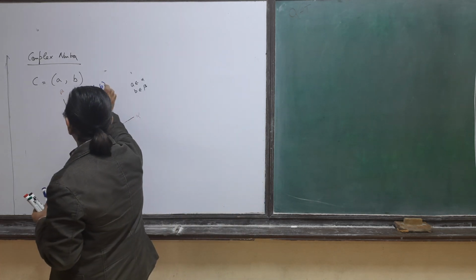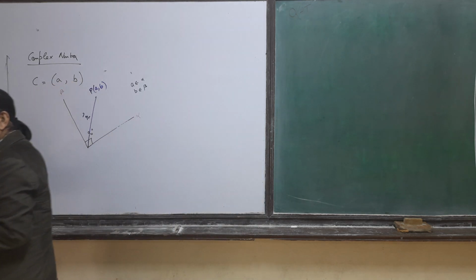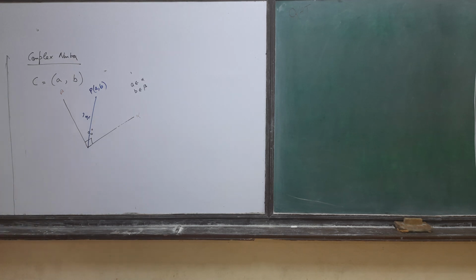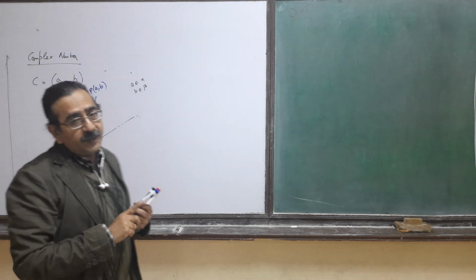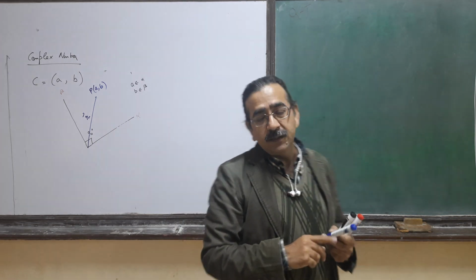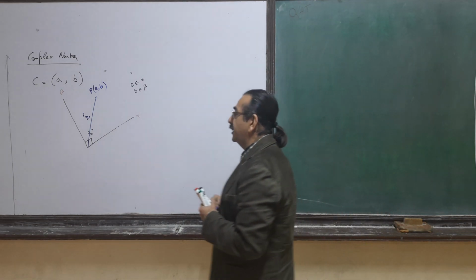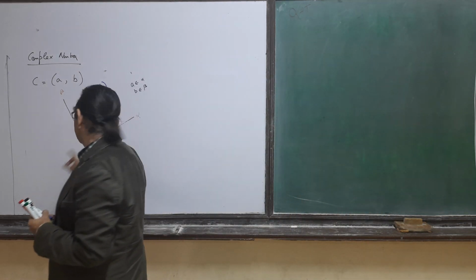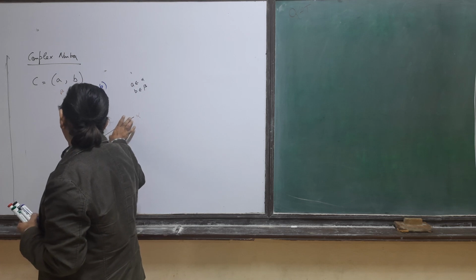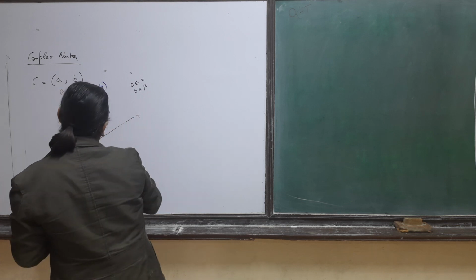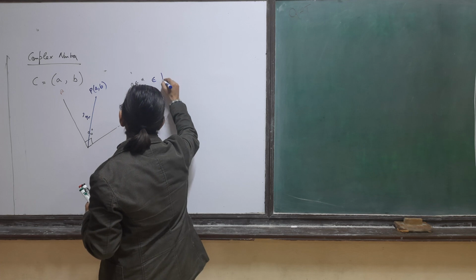So this point P will be a complex number. They will be independent. If two things are independent from each other, then they can be represented by a complex number, because A and B both are elements of the real numbers.